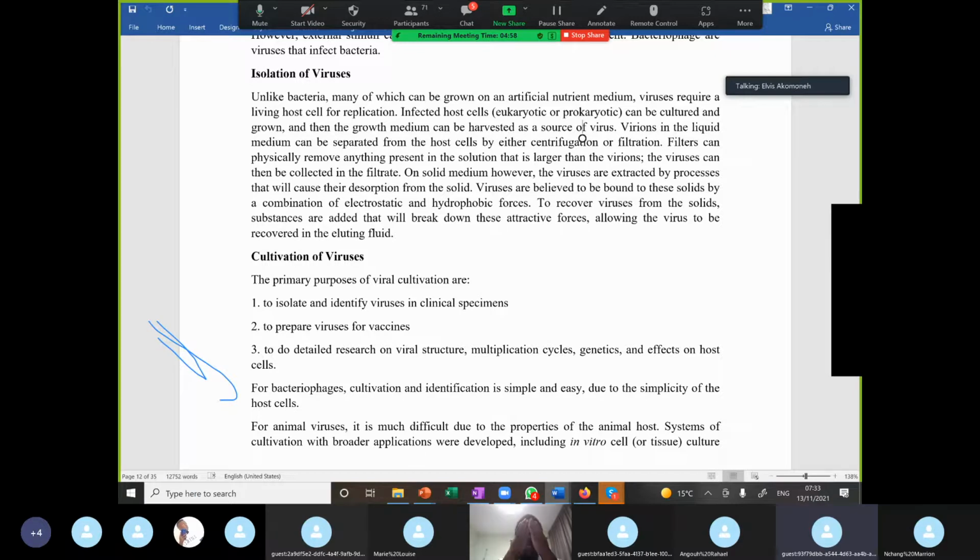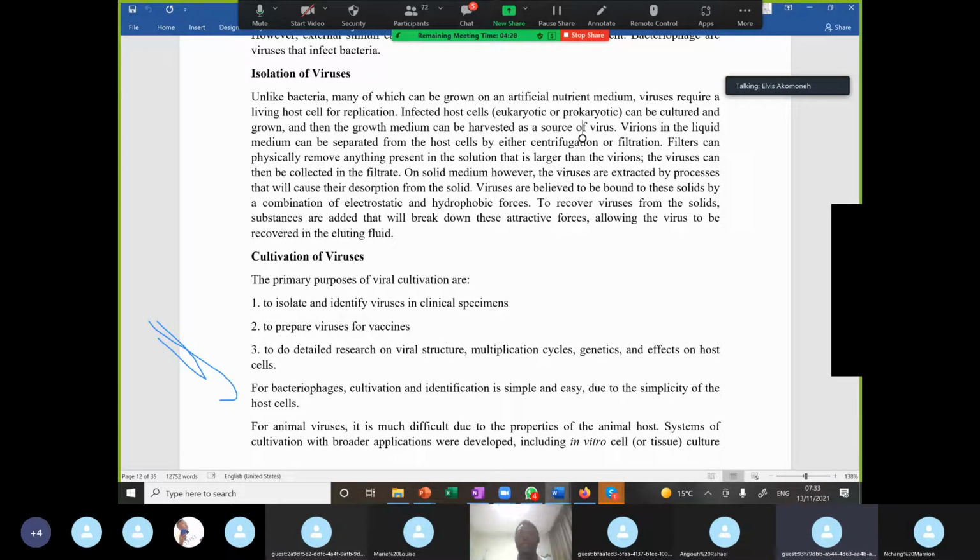We isolate viruses because we want to find out if the virus is actually present, and from there we could use it to prepare solutions for vaccines. We could use it to do further research to understand the nature of the virus. We could use it to perform so many different experiments in the laboratory and study the viruses much better.